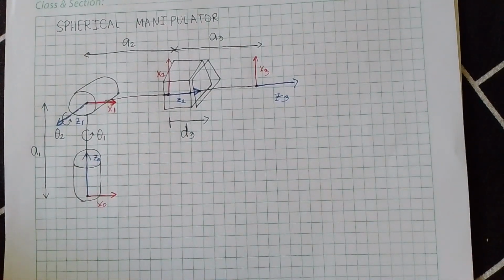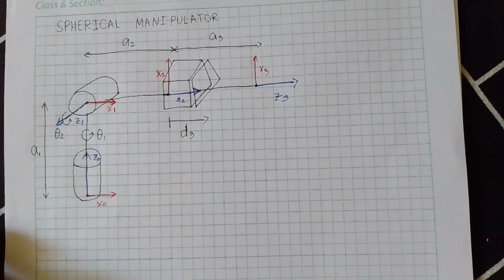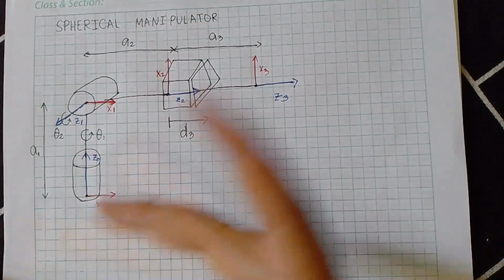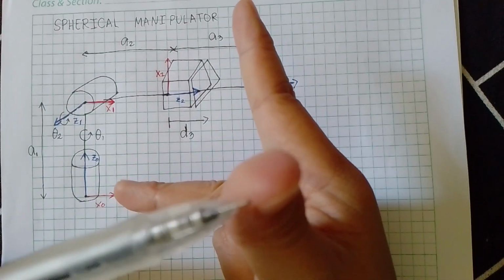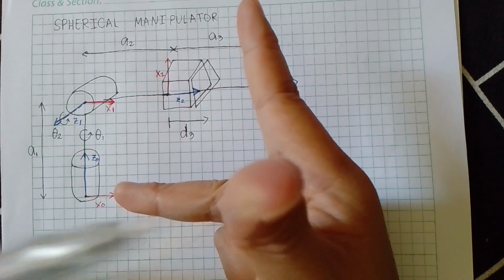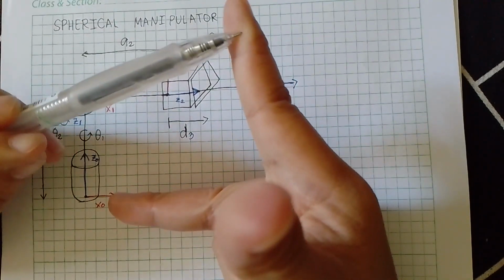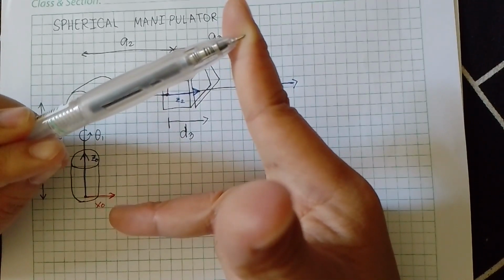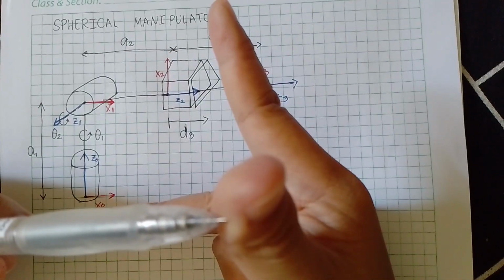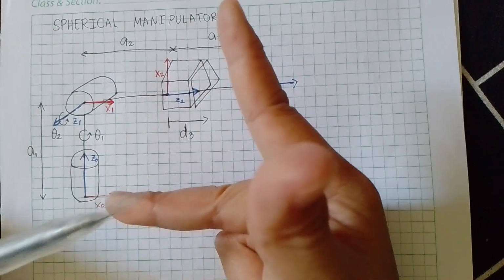For the last DH frame rule, we need to remember the right-hand rule for rule number 4. Based on the right-hand rule, the thumb must be the z-axis, the index finger must be the x-axis, and the middle finger must be the y.